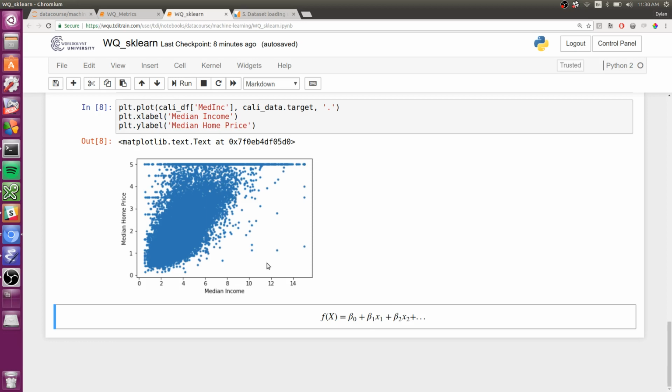In order to compare the different features, we might say, well, I know they need to have the same units.